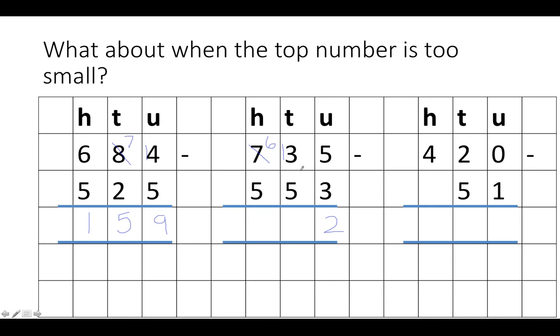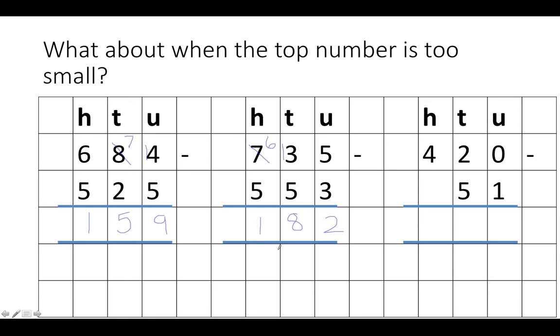And now my number is 13. 13 take away 5. You can do that on your fingers counting backwards, or you can count up from 5 until you get to 13. And I know that the answer to that is 8. And I've got one less in here. 6 take away 5 is 1.